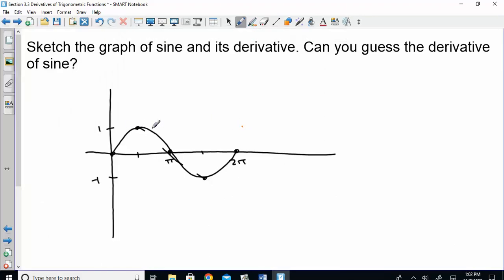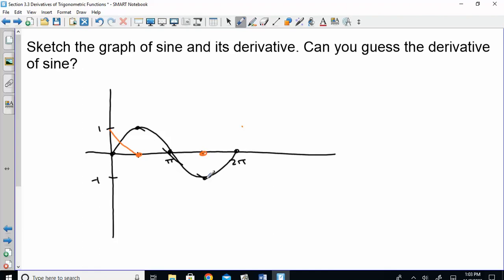So we know that anywhere we have a maximum or minimum, what's my derivative going to be? 0. Because those are my horizontal tangent lines. This whole time my function was increasing, so that means the derivative will be positive.